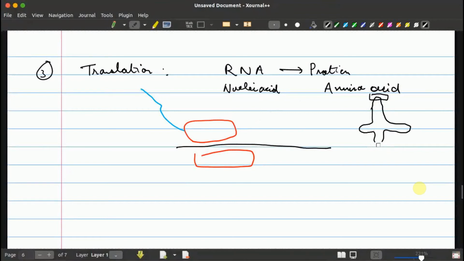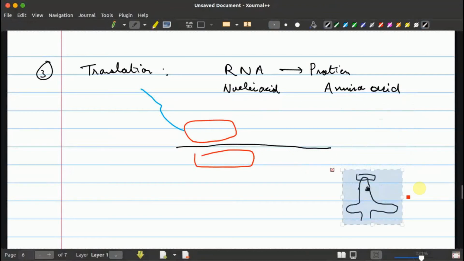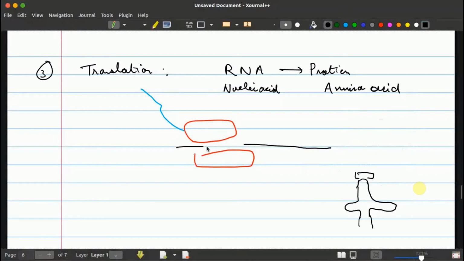The anticodon loop of each tRNA, take methionine for example. I'm considering methionine because there is only one sequence coding for it, which is AUG, and it's the start sequence also. So what is the sequence of methionine? It's AUG. If I'm reading AUG like this, my conveyor belt is moving in this direction.